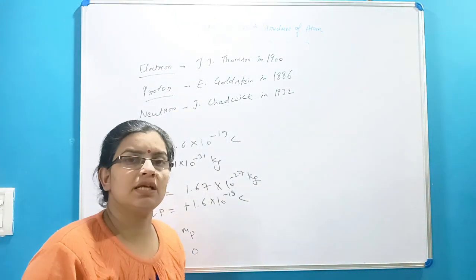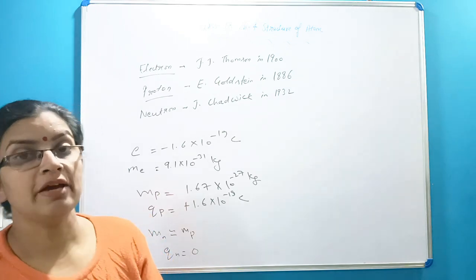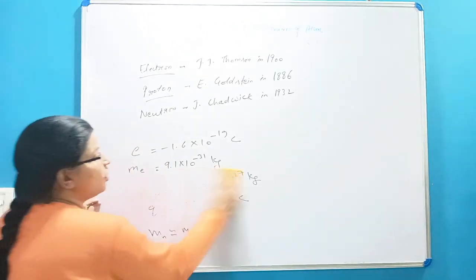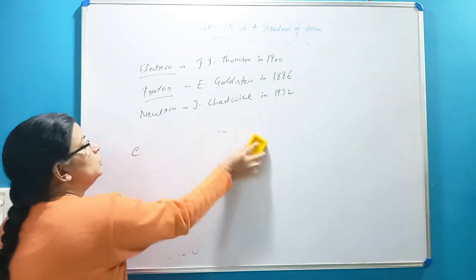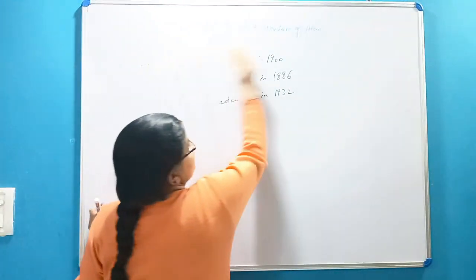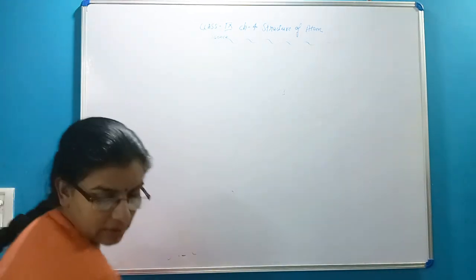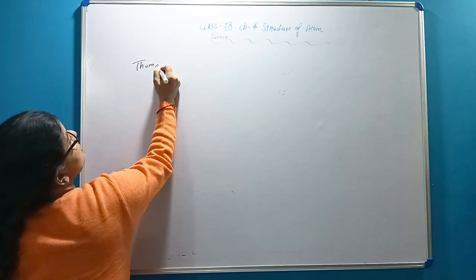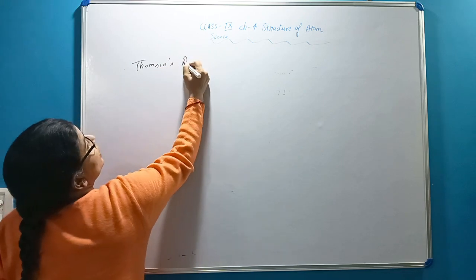Now we will discuss the various atomic models proposed by various scientists. The first scientist's model is the Thomson atomic model.